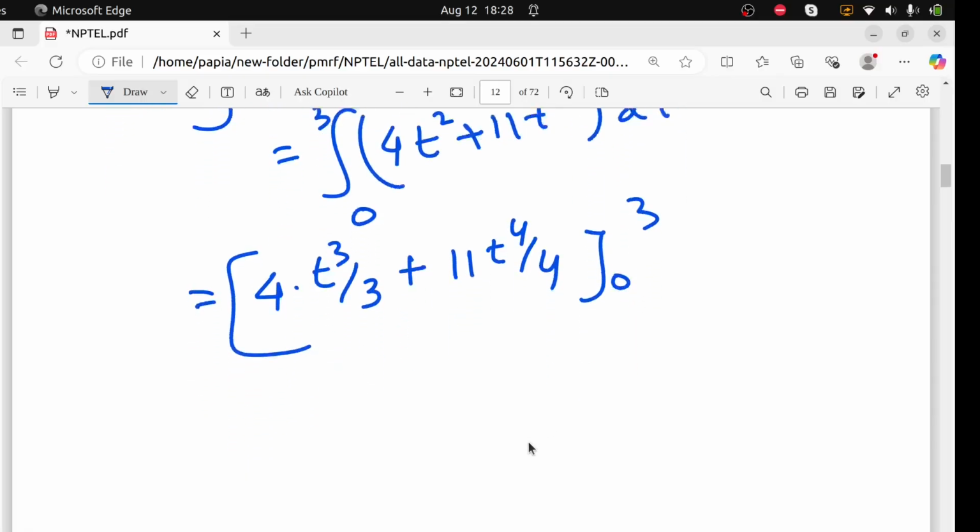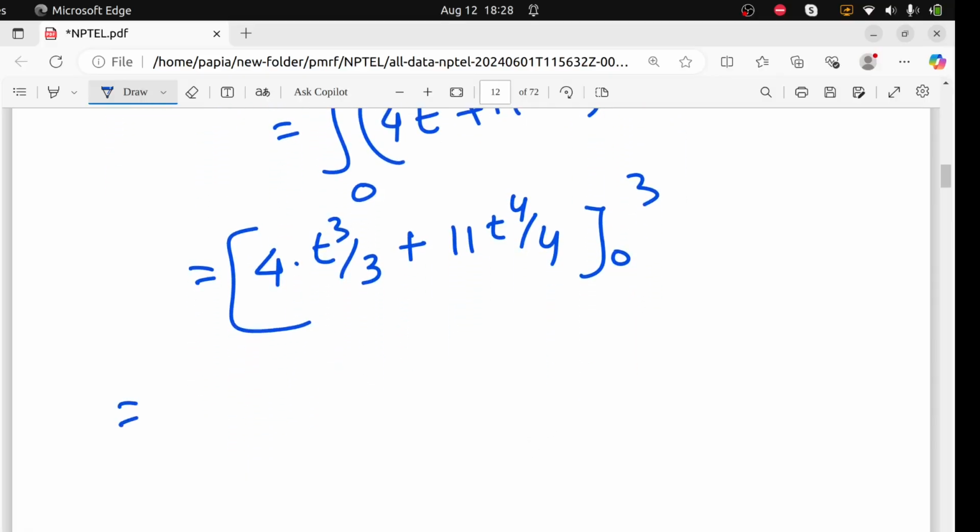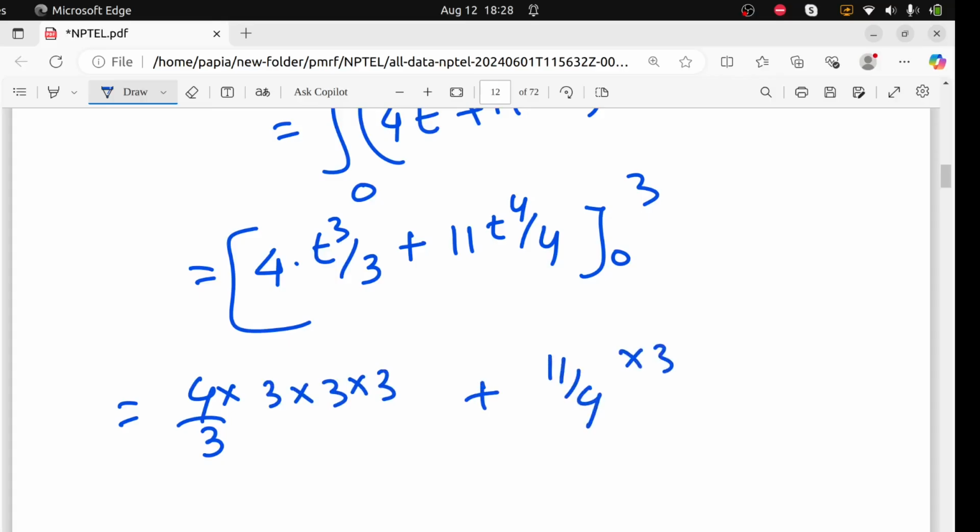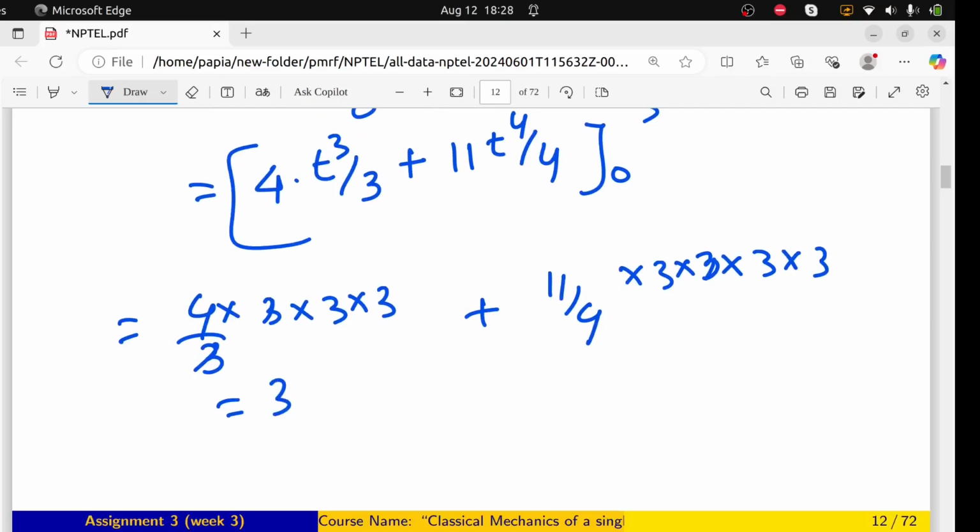So if I write here 0, that means it will be all 0. So that means 4 into 3 cubed by 3 plus 11 by 4 into 3 to the power 4. If you calculate these things, then it will be 36 plus 81 by 4. I am taking the calculator.